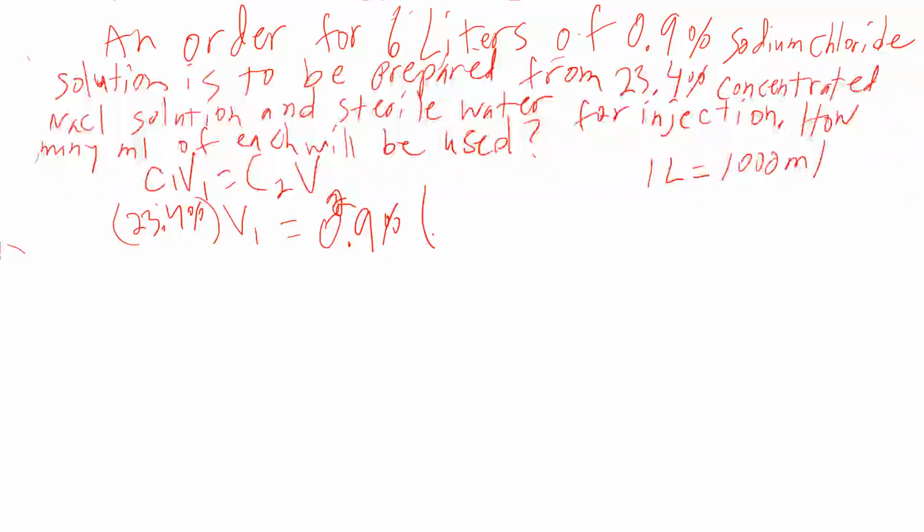Okay, so I could put 6,000. I'll just do that. I think it will be easier to do 6,000 milliliters instead of 6 liters. It's the same thing. Now we just solve for V1. Okay, so V1 equals 231 milliliters.